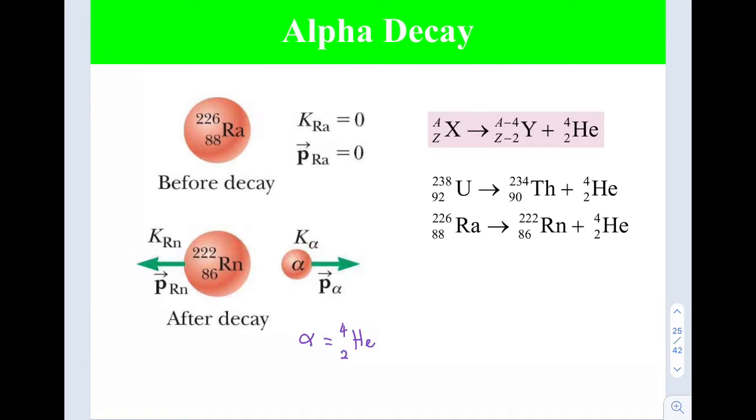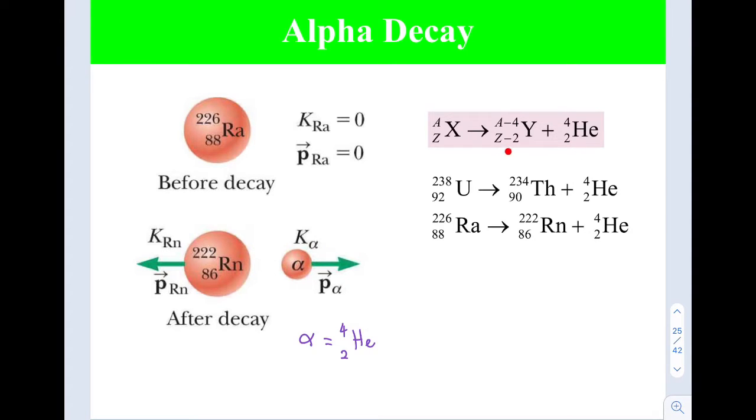In terms of the decay equation, schematically, this is the decay equation for alpha decay. Originally, this X here is what we call the parent nucleus. It decays to become the daughter nucleus, the Y here, plus one alpha.